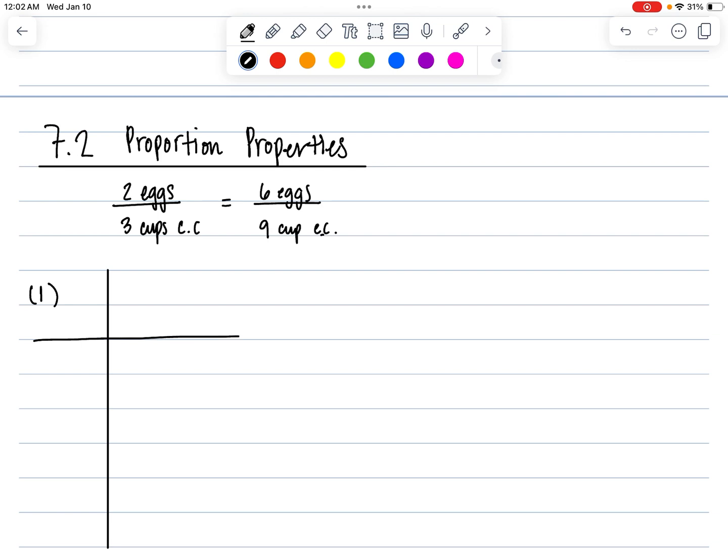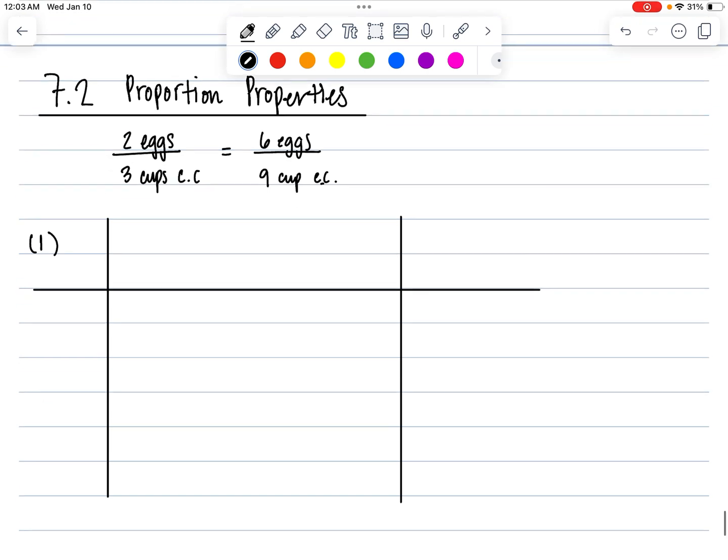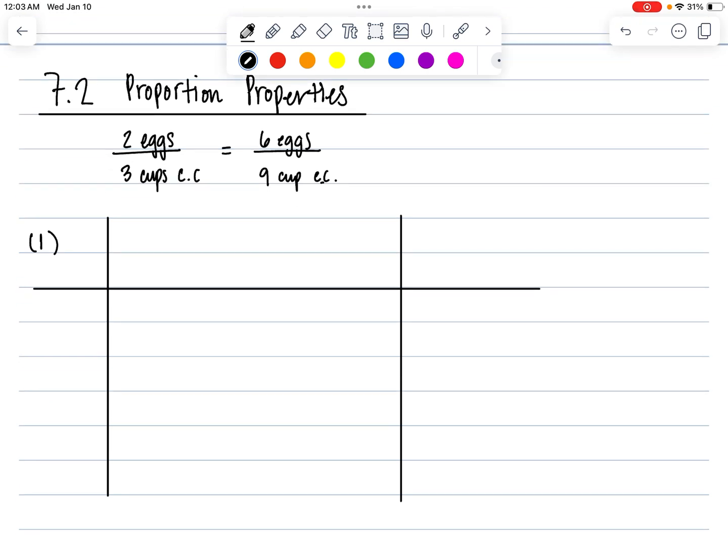So property number 1. We're going to do 2 kind of tables: the general form, and then the example. In this first case, we're going to call this the first method, reciprocal.